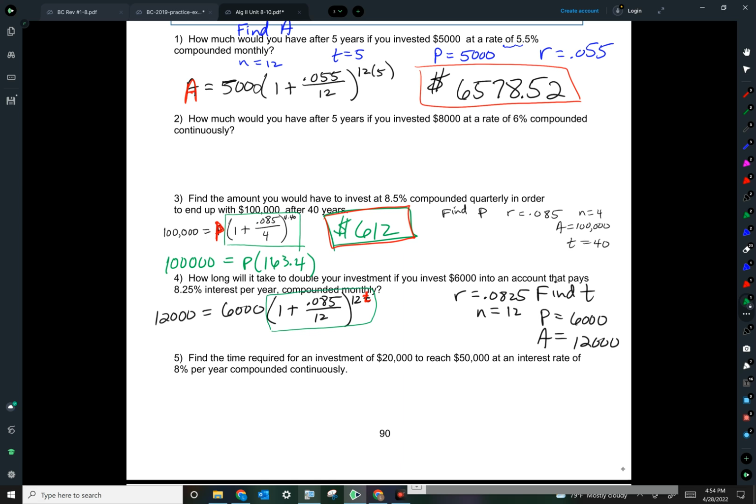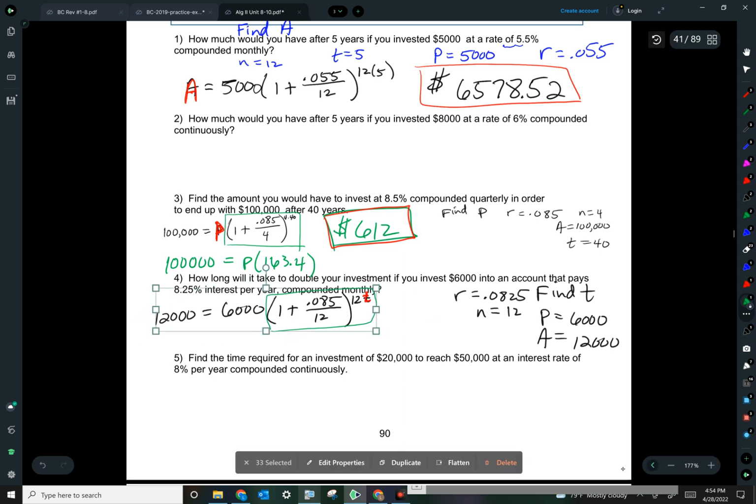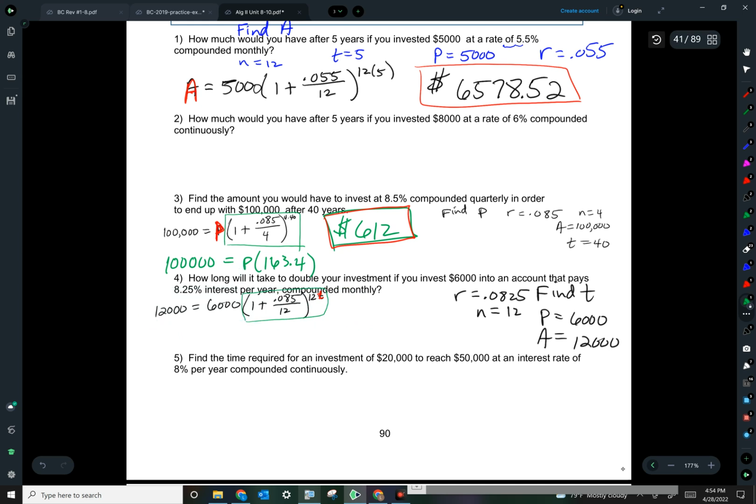So why don't we do a little simplifying? Let's start by getting rid of that 6,000, right? If I want to get rid of 6,000, couldn't I just divide by 6,000? And if I divide by 6,000, then over on the left side I have 12,000 divided by 6,000 is 2 equals, and since everything inside that parenthesis is numbers, let's simplify the parenthesis. What should go inside the parenthesis?